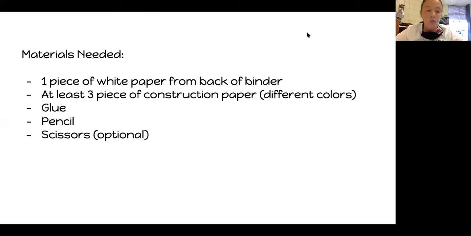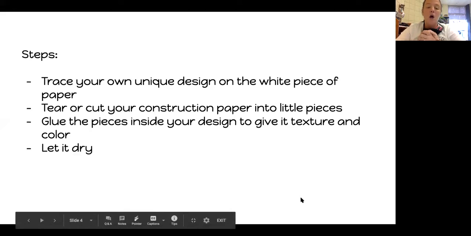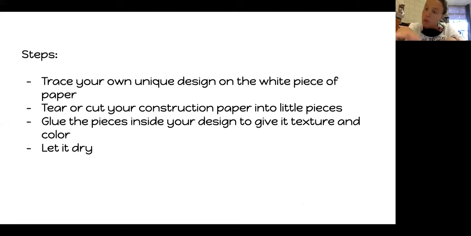Okay, so hopefully you have all the materials needed. If not, go back and get them, and then come back to this video. So here are your steps. You can trace any shape you want to put into your mosaic, okay? But the idea is to draw a design that fits your entire white piece of paper.